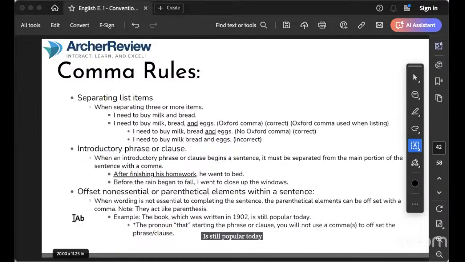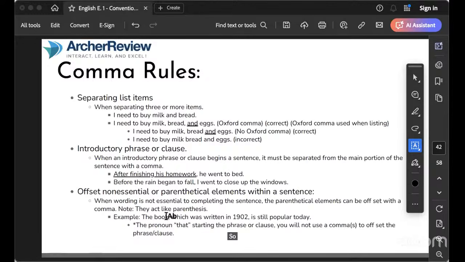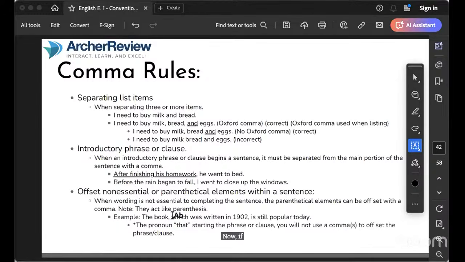The main sentence is the book is still popular today. It's an afterthought, it's just extra information to add, which was written in 1902. So that can be offset with a comma before and a comma after to show that that information is not absolutely needed for that sentence to be a complete sentence. Now, if you have one of these phrases, not clauses, but phrases, and it begins with that, THAT, instead of which.